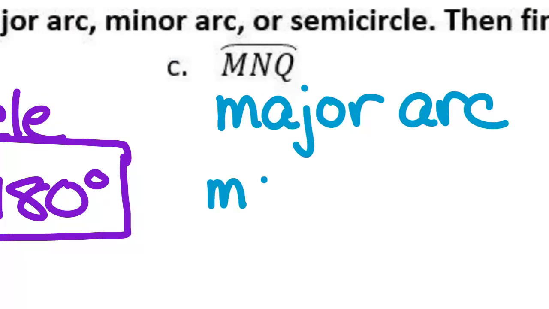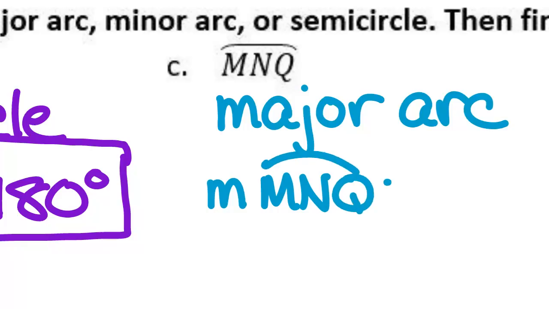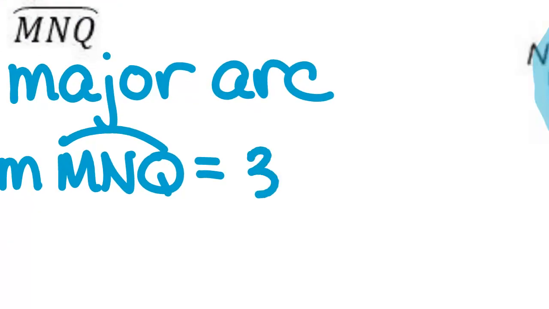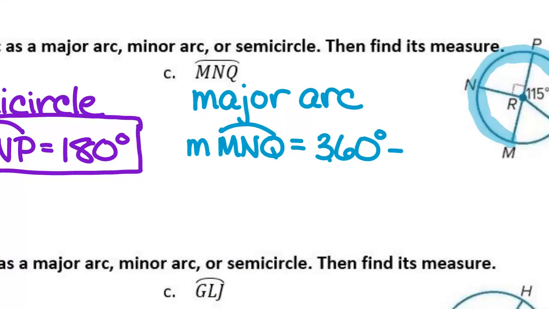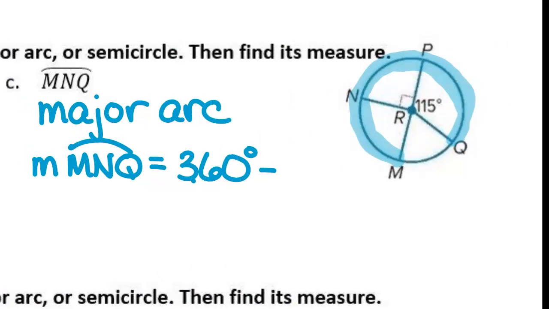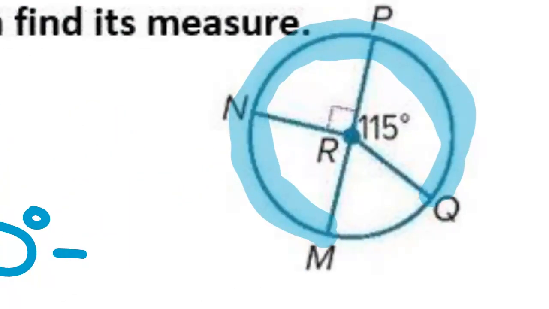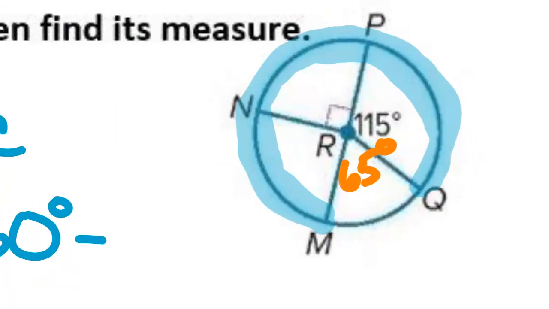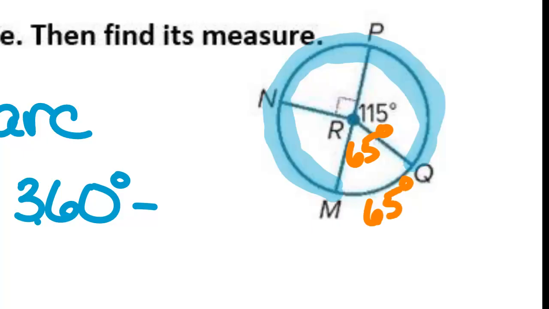The measurement of arc MNQ is equal to a whole circle, 360 degrees, minus that little bit that we left out in between M and Q. Didn't we figure out a couple minutes ago how big that was? How big is that? 65 degrees, yes. This is 65, so this is 65.